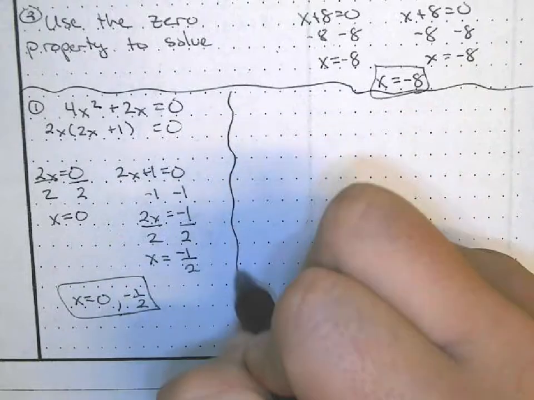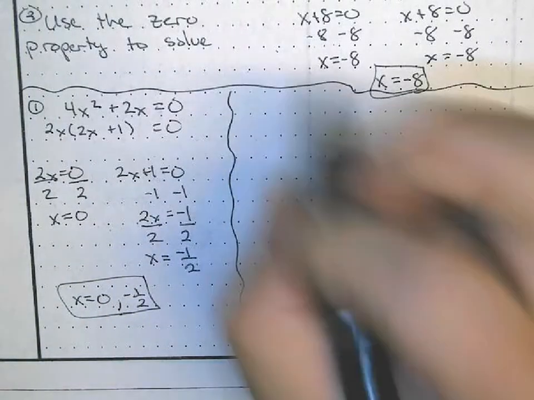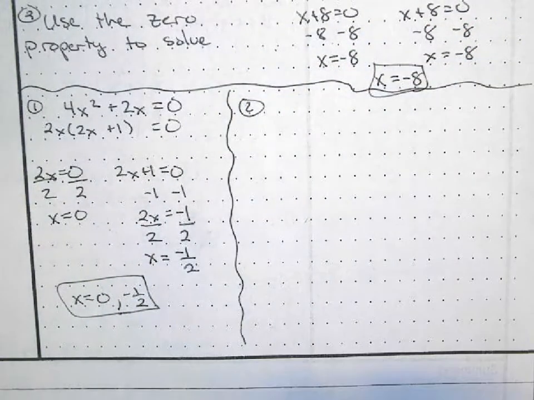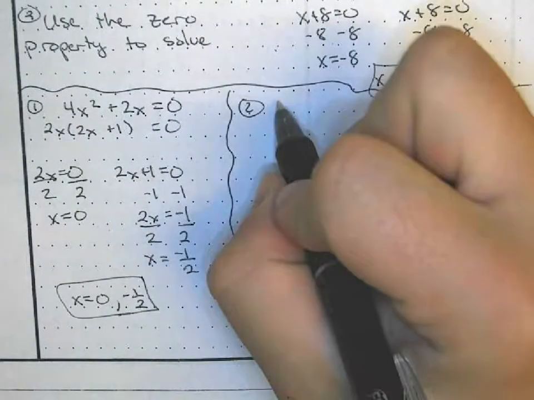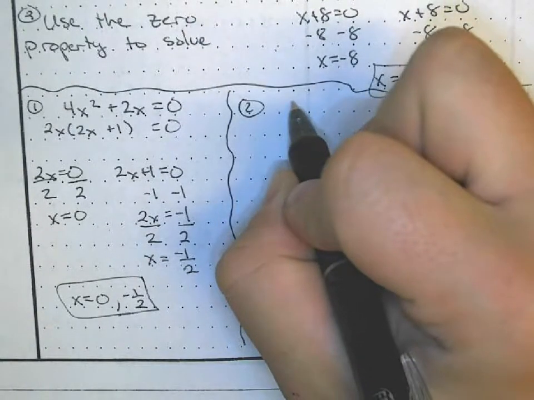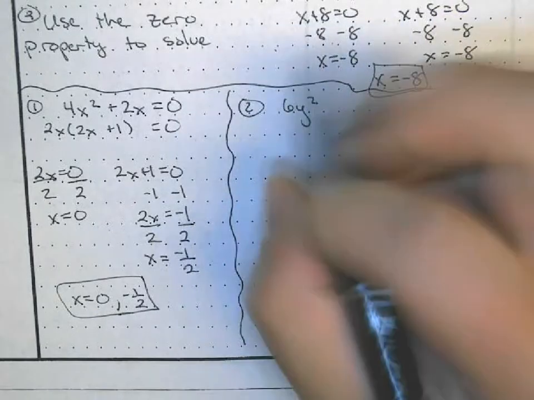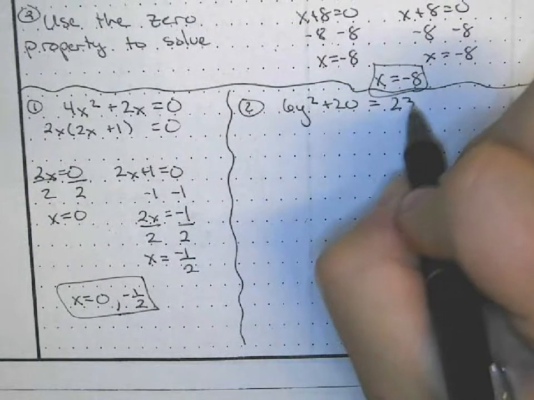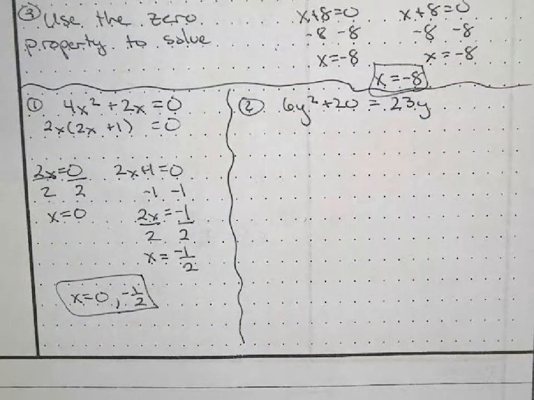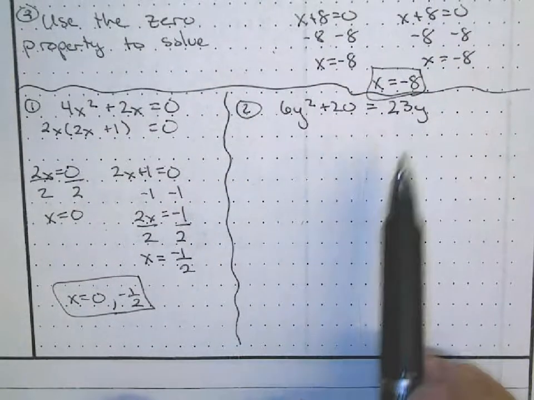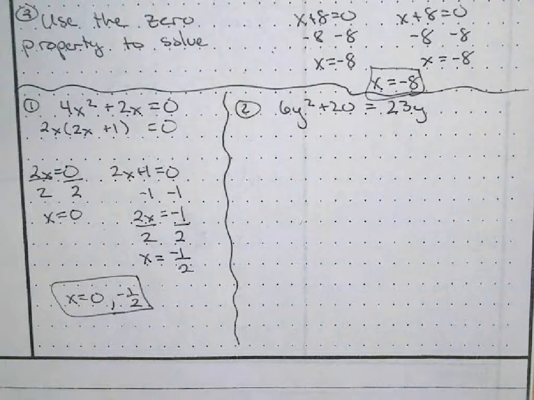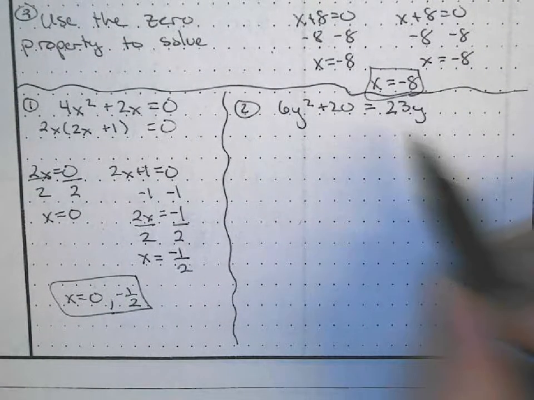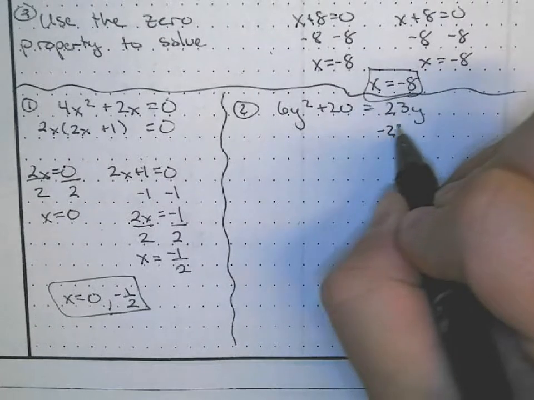On my second example, I'm going to use the AC method. So let's say we have 6y squared plus 20 equals 23y. Well, is this set equal to 0 yet? It is not. So I need to subtract 23y from both sides.